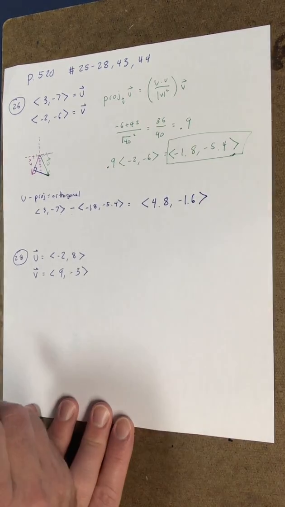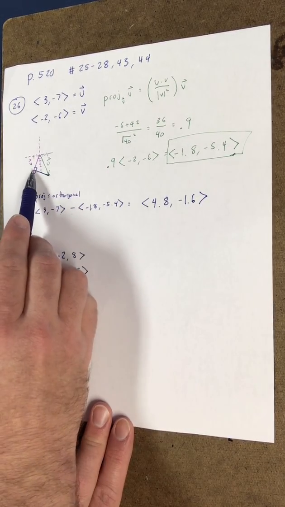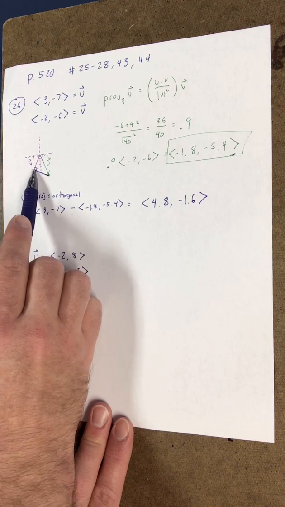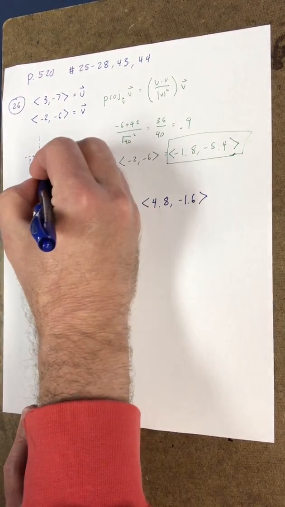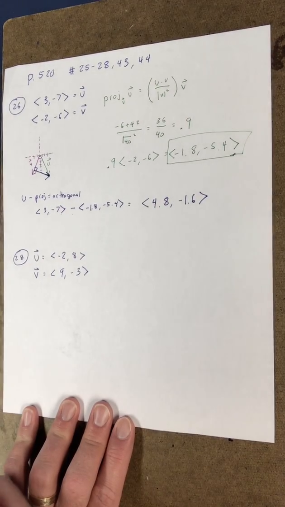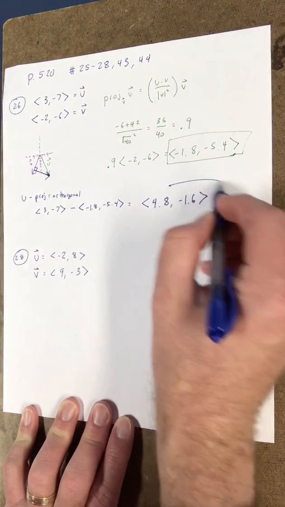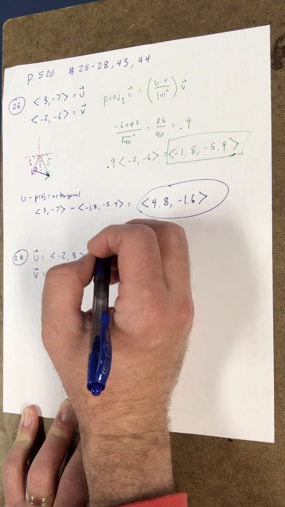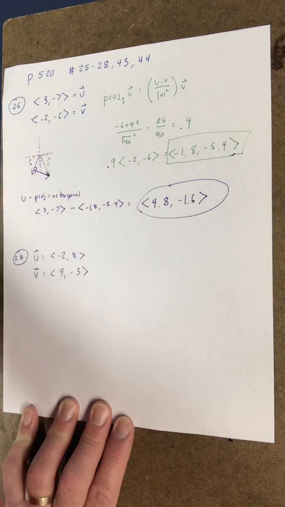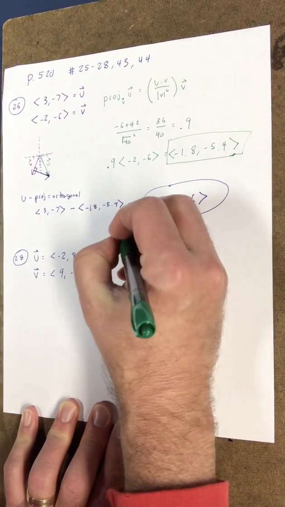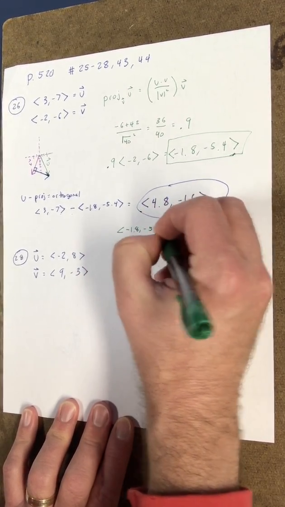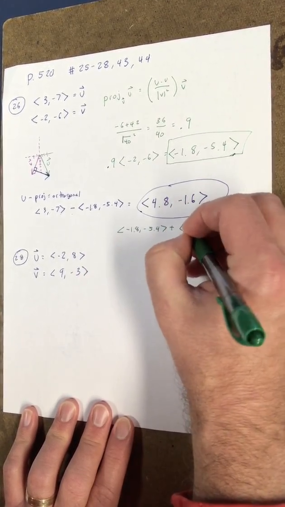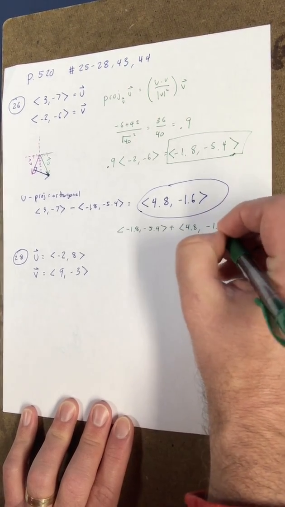Let's just see if that kind of makes sense here. So if we start here and go in this direction about 4.8, down 1.6, that does make sense that that would be the other vector. So those are our two answers. To express it as a sum, we can just write the final answer as -1.8, -5.4 plus 4.8, -1.6.